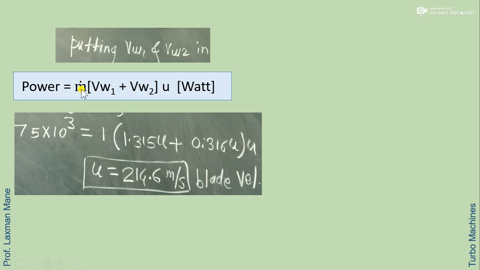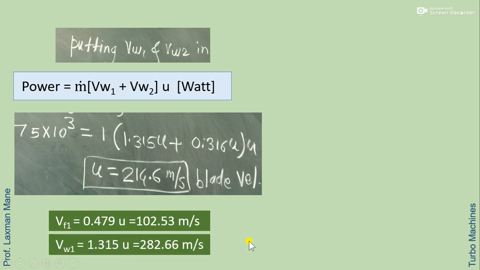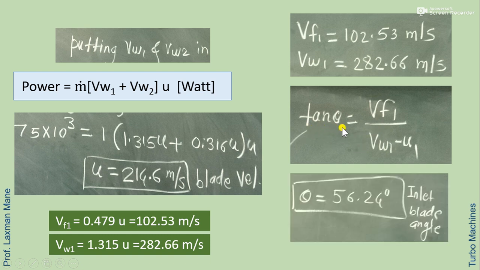On the right side mass flow rate is 1. Here VW1, VW2 expression in terms of U multiplied by U. So from this equation we get the answer of U, blade velocity. After finding U, next you can find VF1, VW1. Then by using these values in tan theta ratio, we get the inlet blade angle, that is theta.